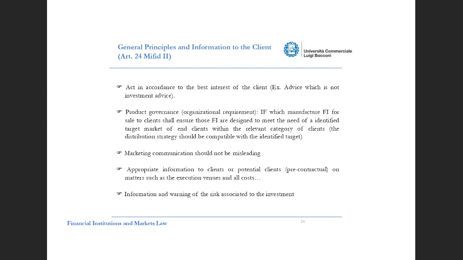One of the most innovative parts of this disclosure of information to the client that came up with MiFID II concerns the costs of the services. This is why I am circling this word in blue, because effectively the idea that clients must always have full transparency on the costs of the service has always been an idea in the context of investment services legislation since the directive of 1993.